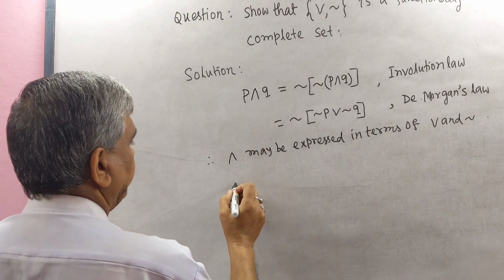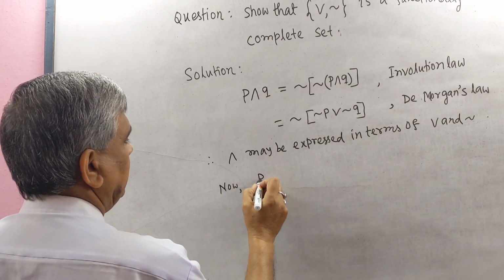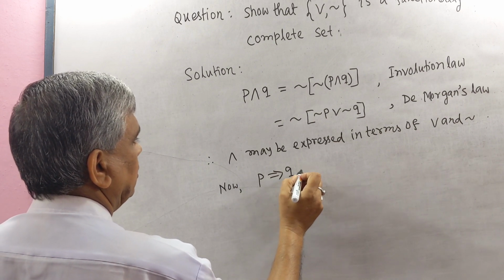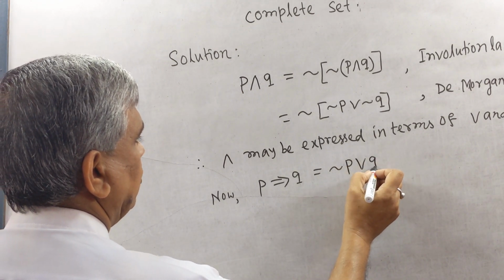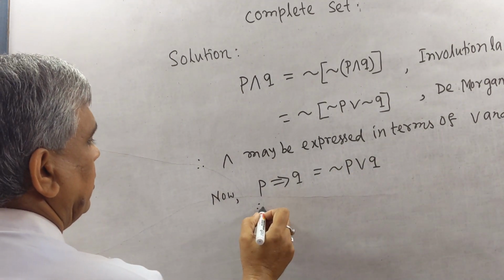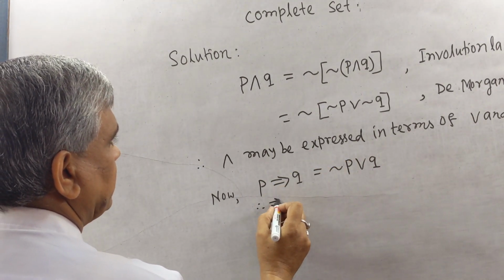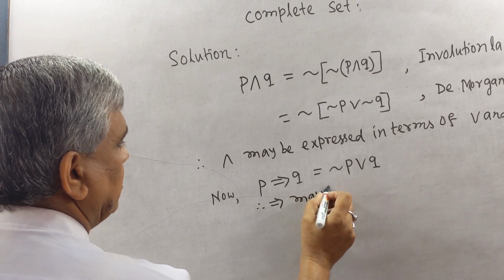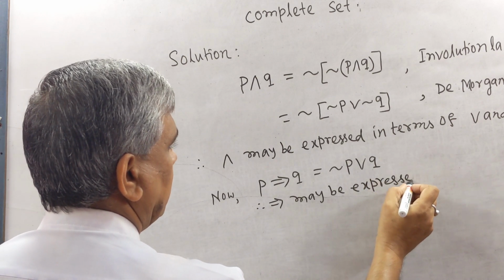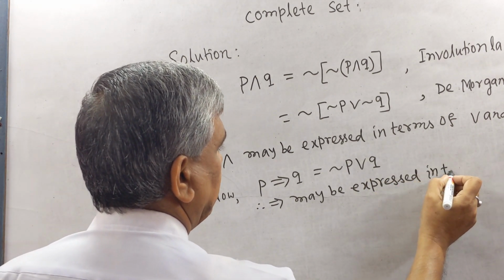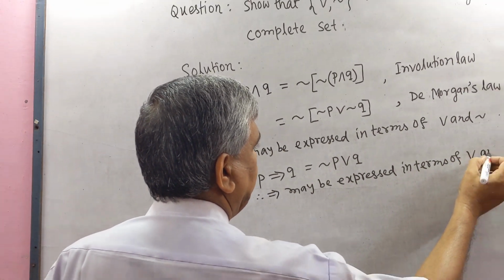Now we take implication. P implication Q is equal to negation P disjunction Q. Therefore, here we get negation and disjunction. Implication may be expressed in terms of disjunction and negation.